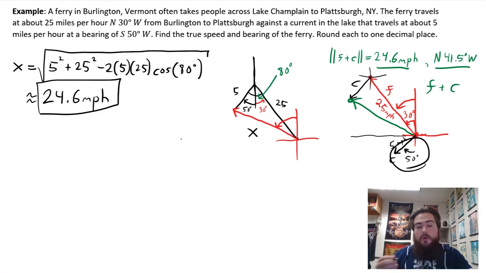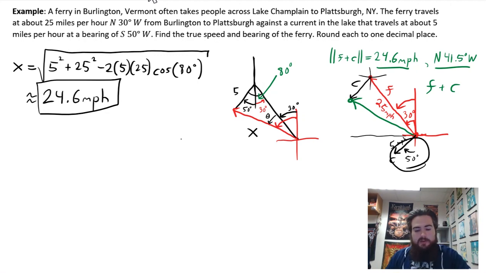Thankfully, I already know a portion of this. I know a portion of this is 30 degrees, based on what I know about the bearing for the ferry vector. So, as long as I can find the angle measure inside here of this triangle, then I can add that to 30 and get our overall bearing.